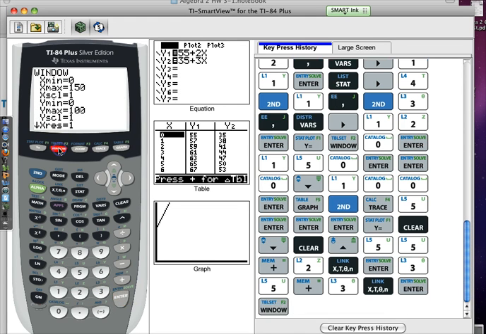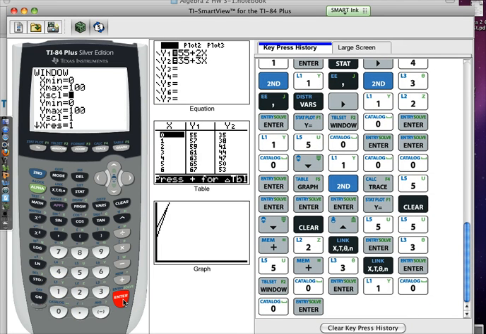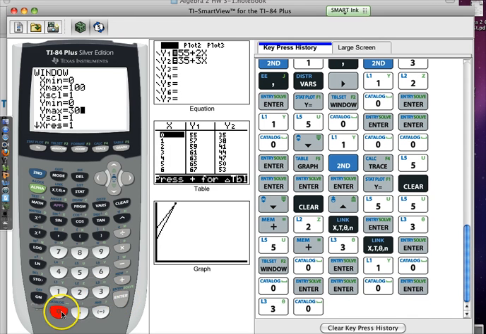But again, I need to think about my window a little bit. So x was talking through how many minutes here. And, well, it's a book. We'll try 100 minutes there and see if that'll take care of it. And then the number of pages, well, I'm guessing 300-page book. And we hit graph.